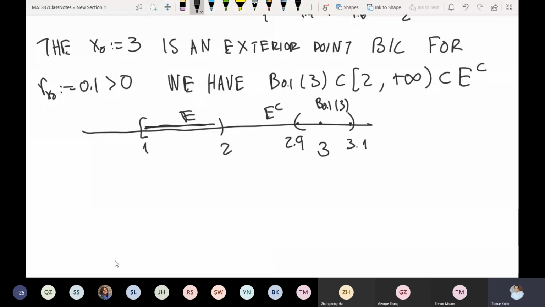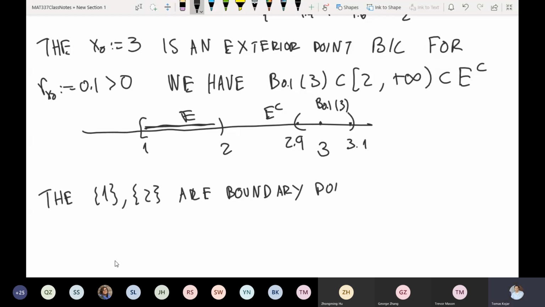Okay, so now we have to do the boundary point. The 1 and 2 are boundary points. So let's prove that.